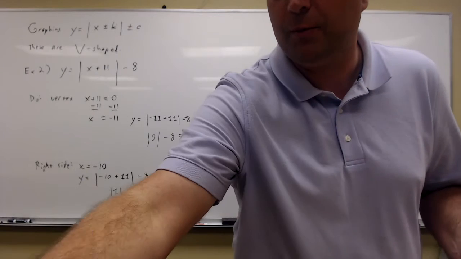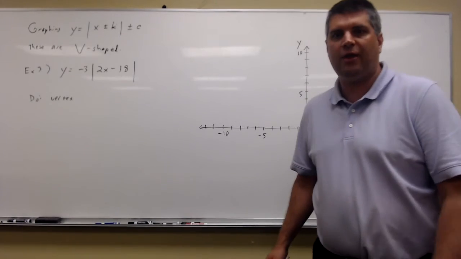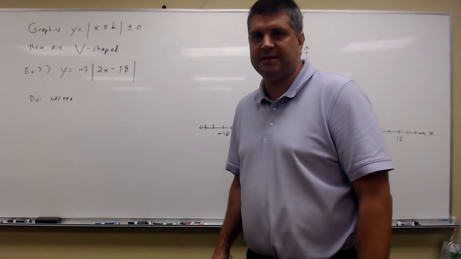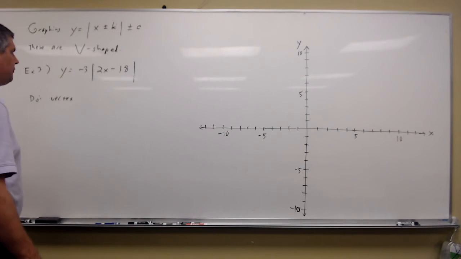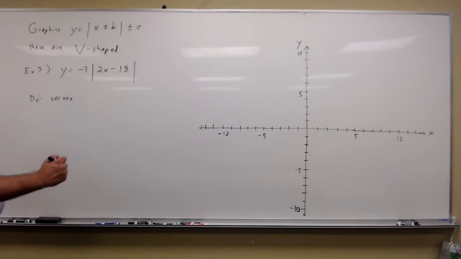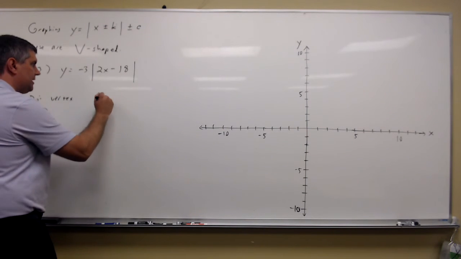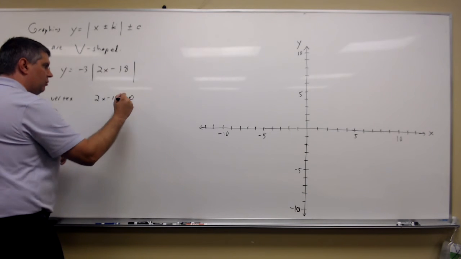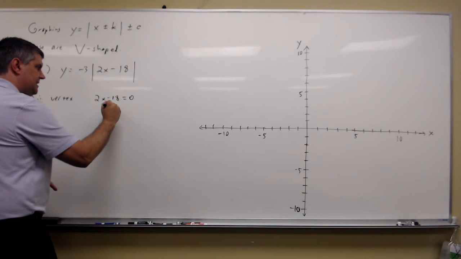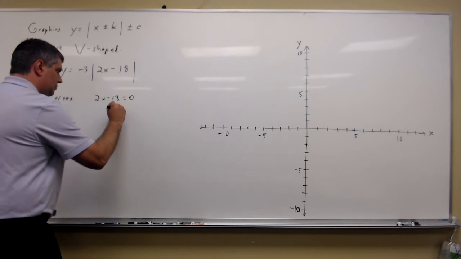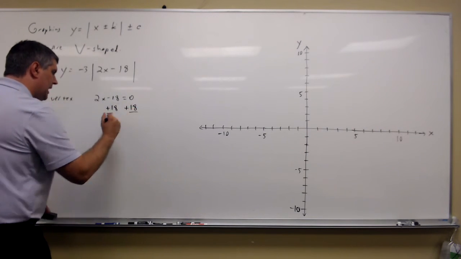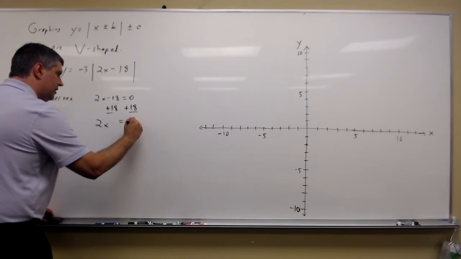Okay, I thought I would throw in a more advanced example. Y equals negative 3 times the absolute value of 2x minus 18. The vertex will be where 2x minus 18 equals 0. So add your 18. And 2x is 18.